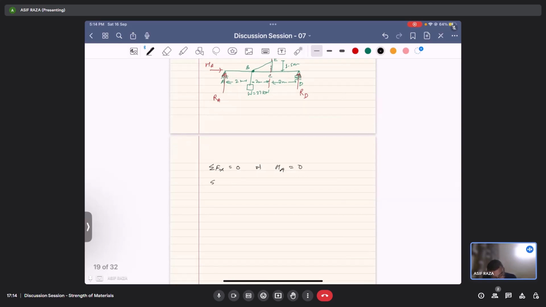So taking moment about D equal to 0 would give me RA into 6 minus W into 4 outside, this is equal to 0. RA would be equal to 2W by 3, and W is 27, right? So RA would be equal to 18 kilonewton.